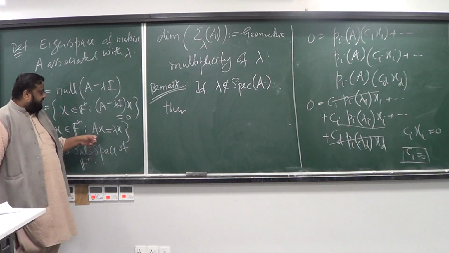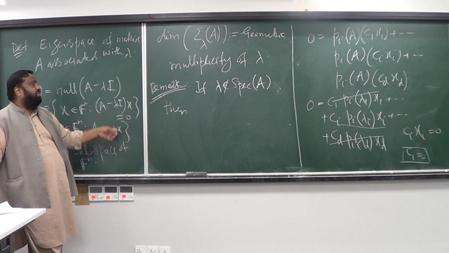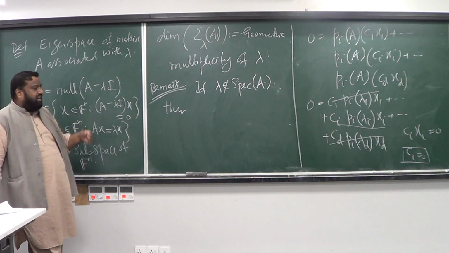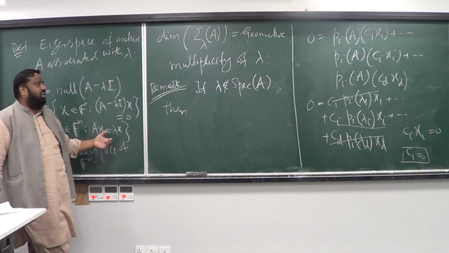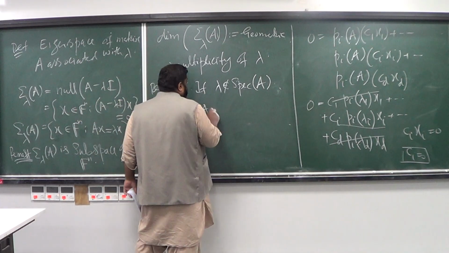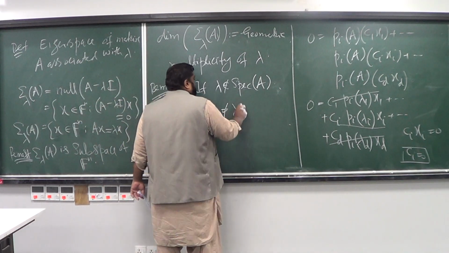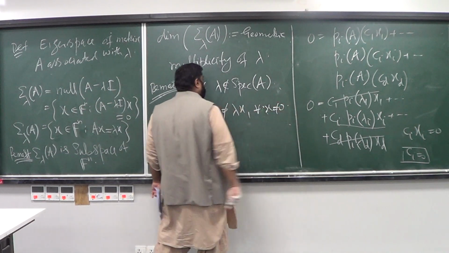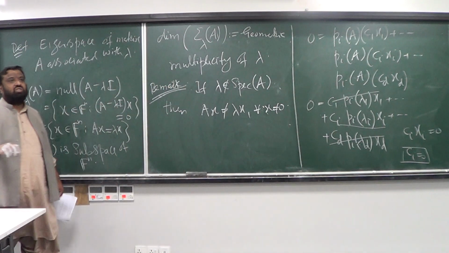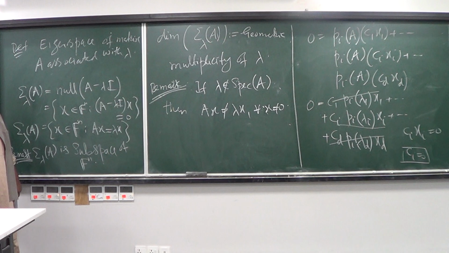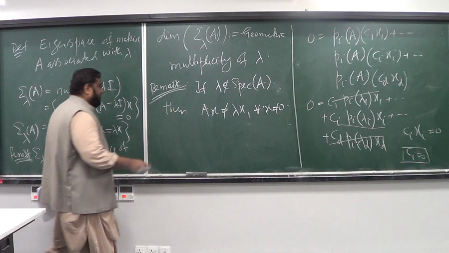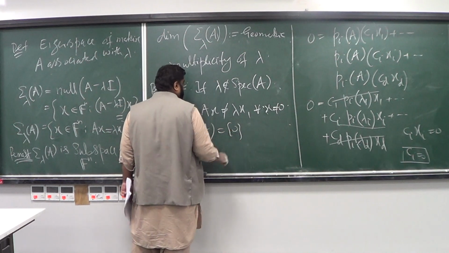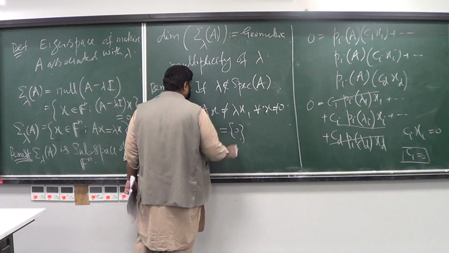Because if Ax is equal to lambda x, then lambda would be an eigenvalue. So Ax does not equal lambda x for all non-zero x. The only x which satisfies this condition is x equal to 0. In other words, this E lambda of A is going to be 0.